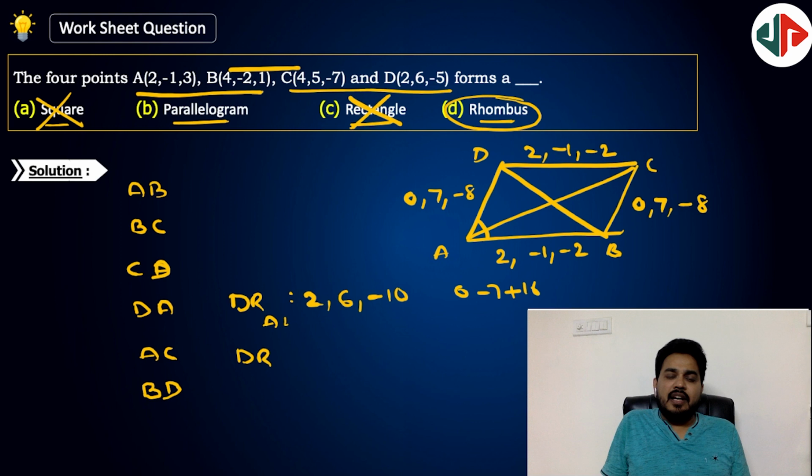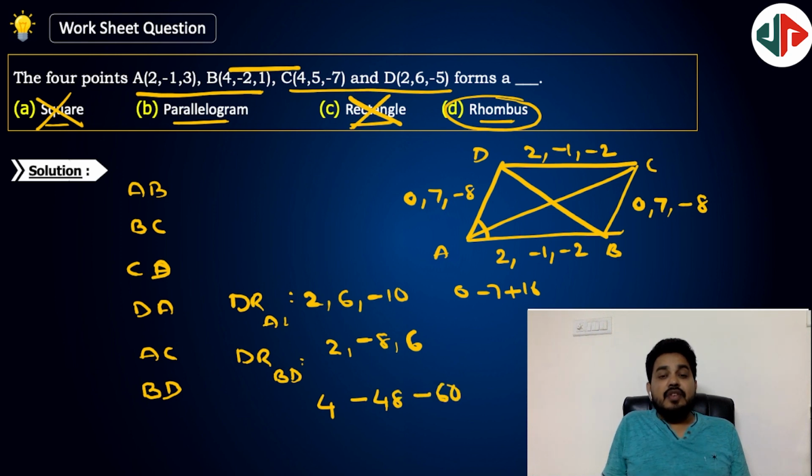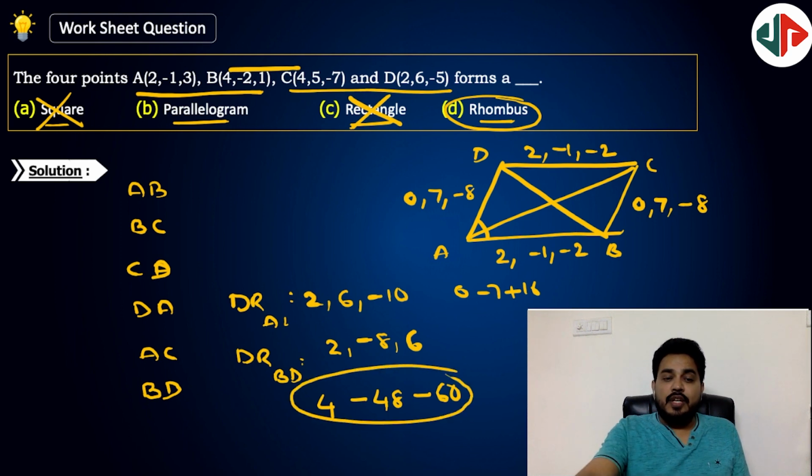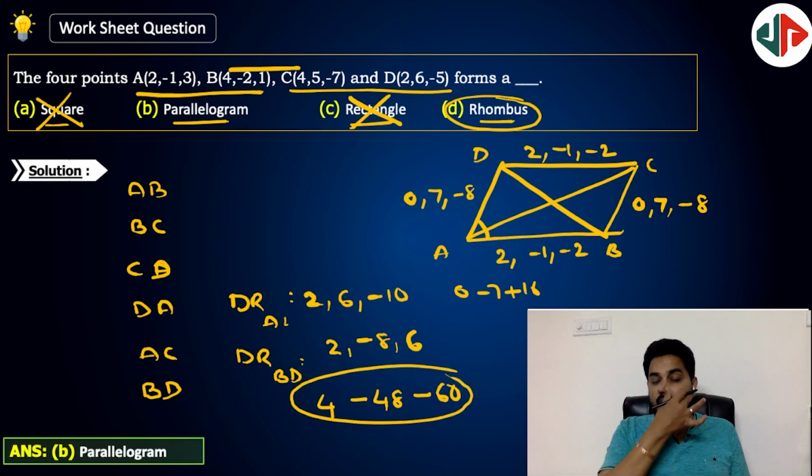Now DRs of BD: 4 minus 2, 2; minus 2, minus 8; plus 6. Now the dot product is 4 minus 48 minus 60. So is it perpendicular? No. So it has to be a parallelogram.